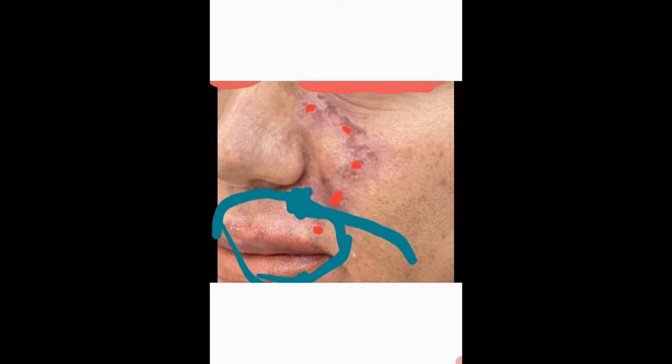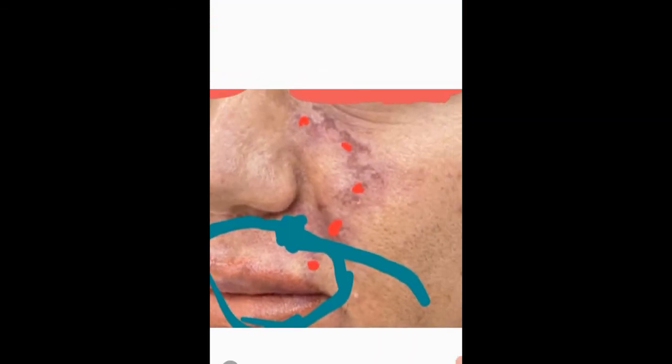When I asked my co-worker where he injected the filler, he said that he only injected the filler on the nasolabial fold, mainly at this point.